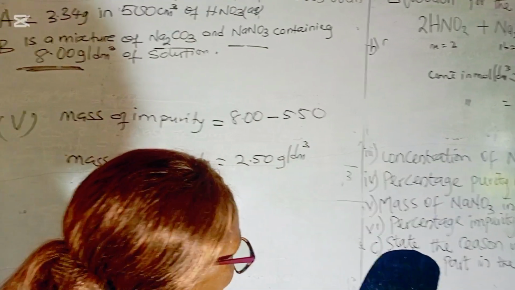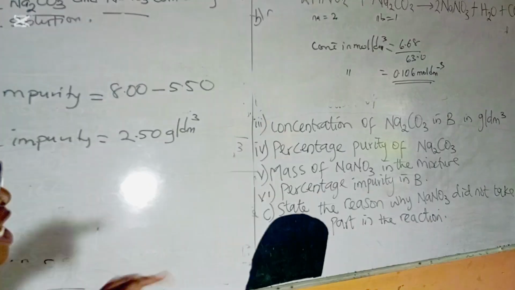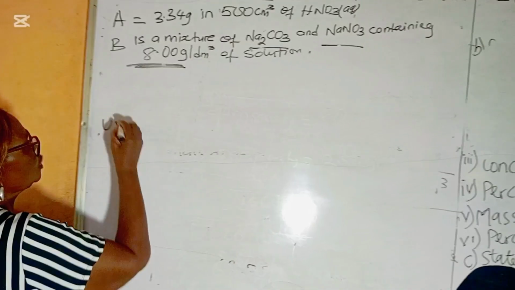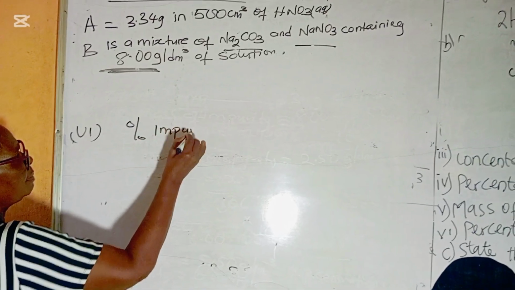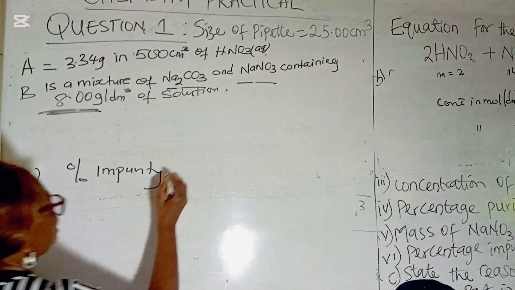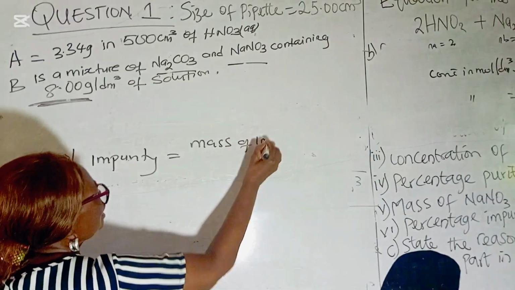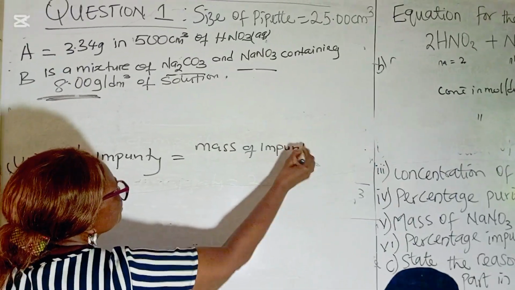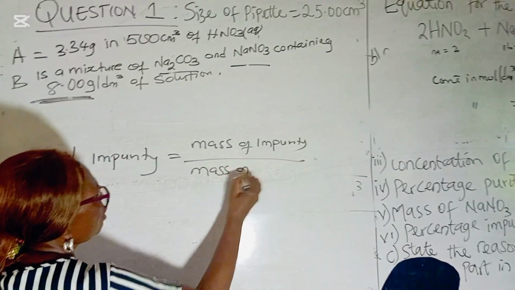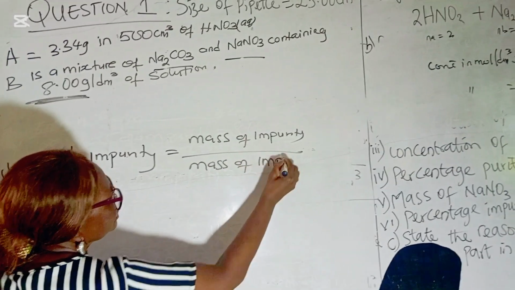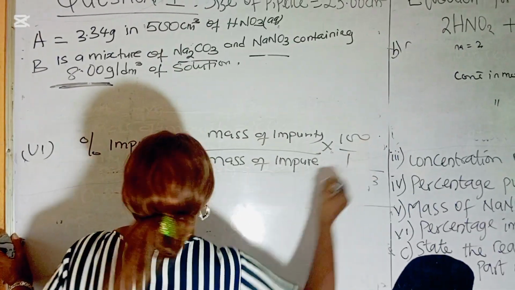So we are going to the next question. The next question says percentage impurity in B. The same method: percentage impurity is equal to mass of impurity over mass of impure times 100 over 1.